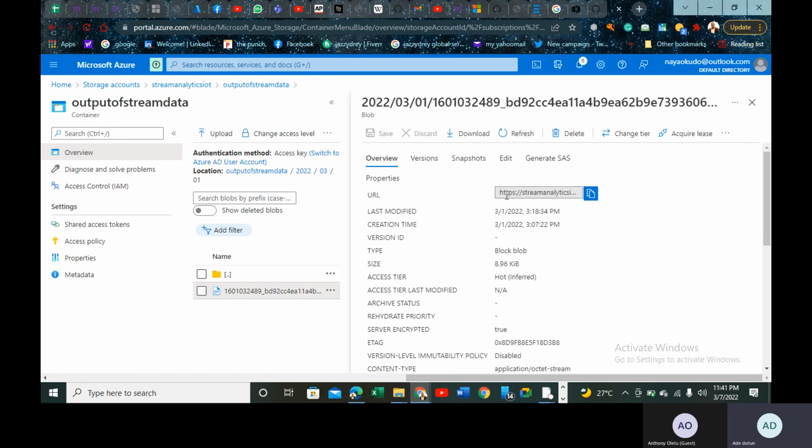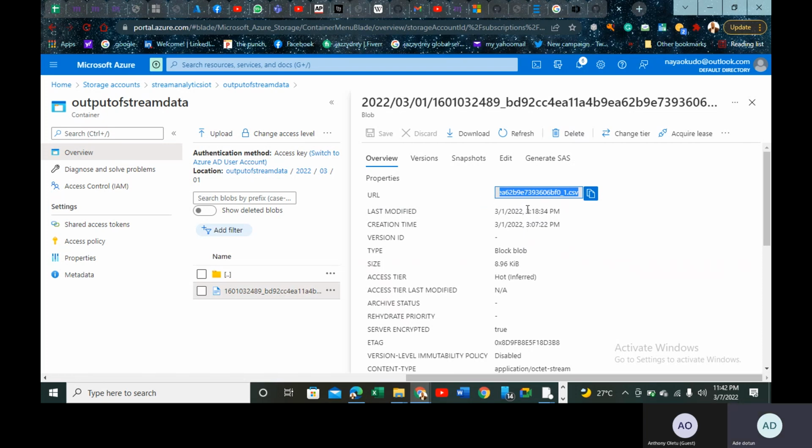This data has its own URL, which means that anybody in the world can connect to this data if it is set to public access. If I say private, only people inside Azure can have access to this data. It's the stream data from IoT.